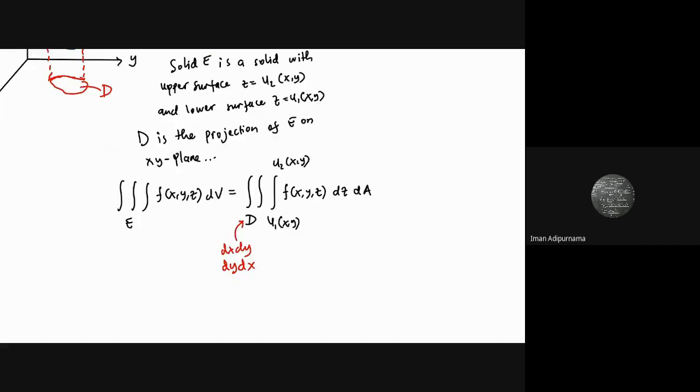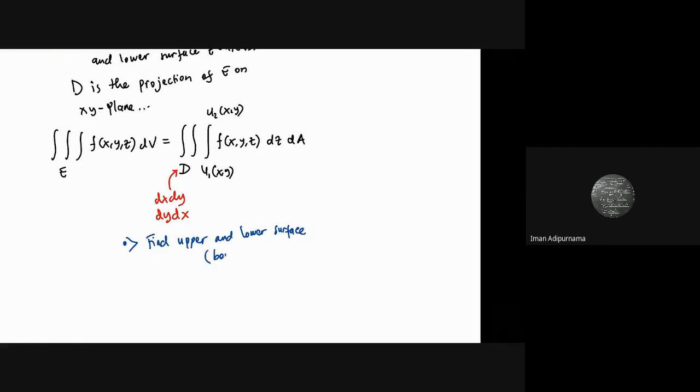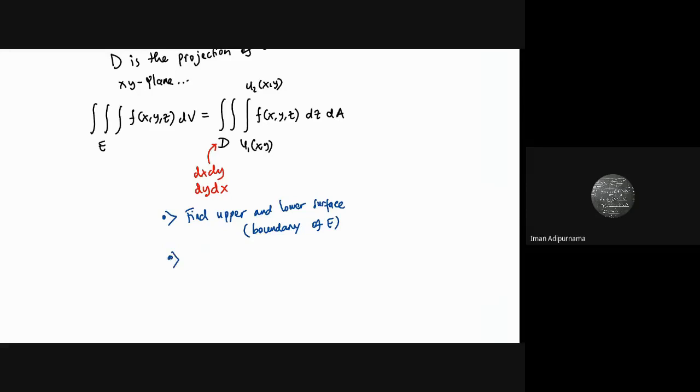So first, to solve this, of course, you need to find the upper and lower surface, the boundary of E. And then the second, make a 2D sketch for D, the projection, and then treat this D as a double integral.